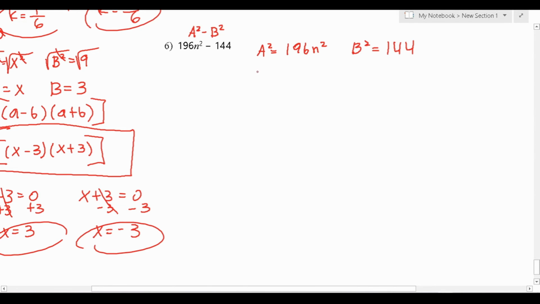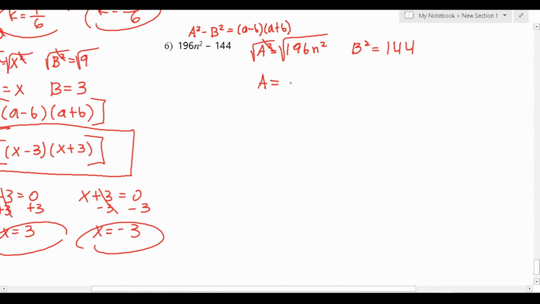Again, we want the solution to be a minus b, a plus b, not a squared. So we have to go from squared to just a. And to do that, we're going to go ahead and take the square root of both sides. This is going to cross out, giving you your a.